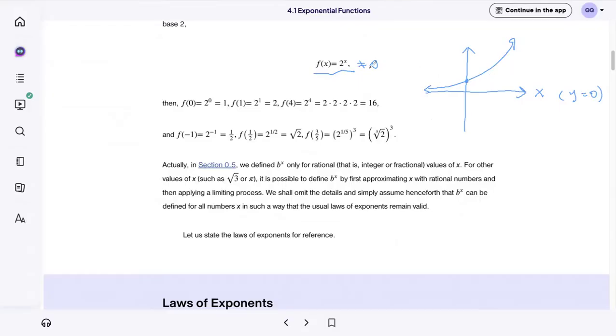When x increases, the function value goes to positive infinity. If we plug in negative values, f of negative 1 is a half, negative 2 gives a quarter, and so on.